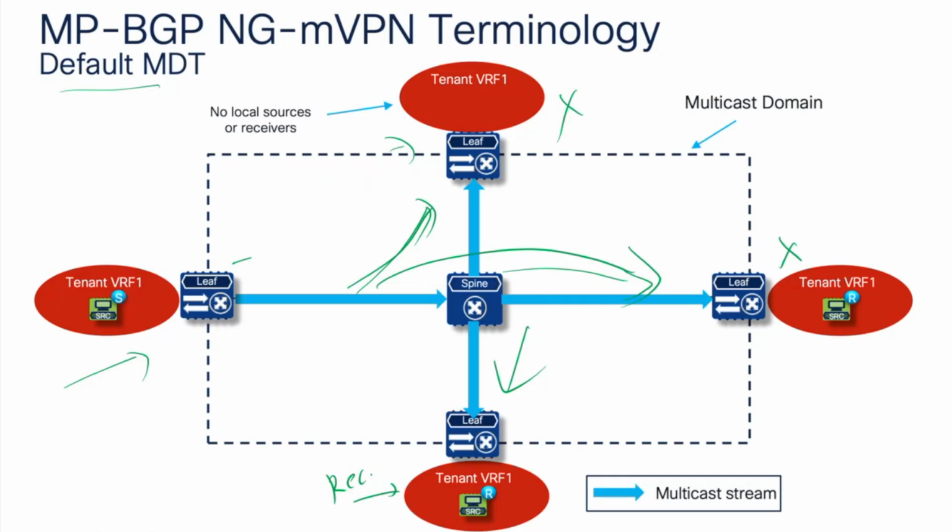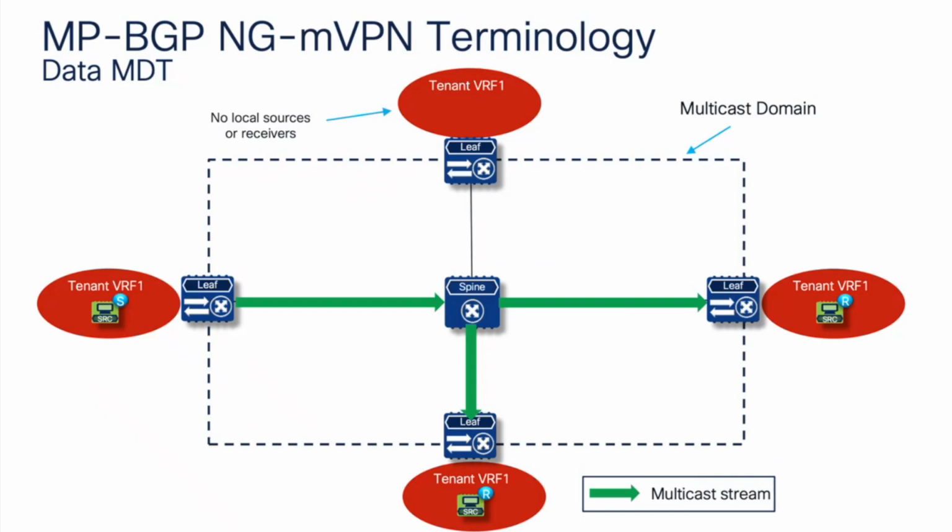So as you can see, this is very inefficient. If there is no receiver here, and multicast is a receiver-only thing, why should the stream come here? So for that, data MDT was introduced. Data MDT will send the traffic only to the receivers which are interested.